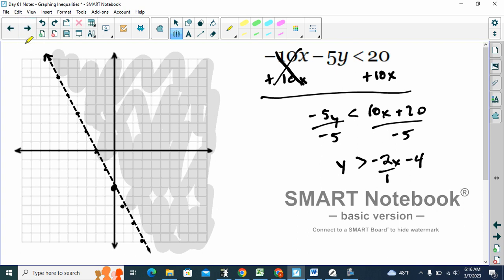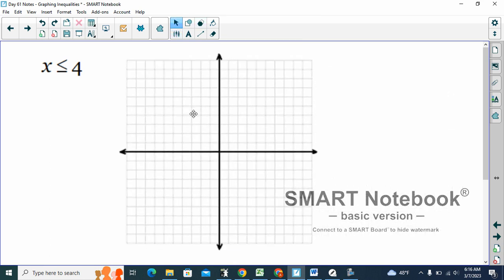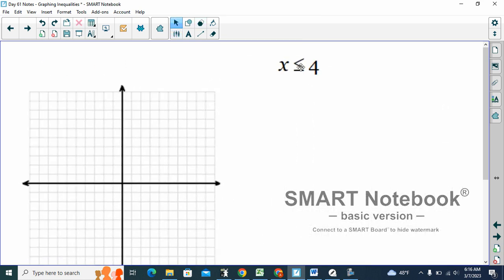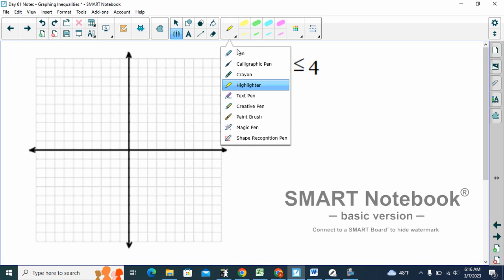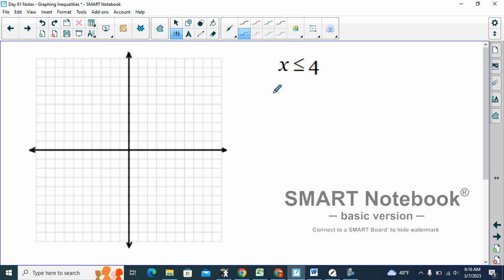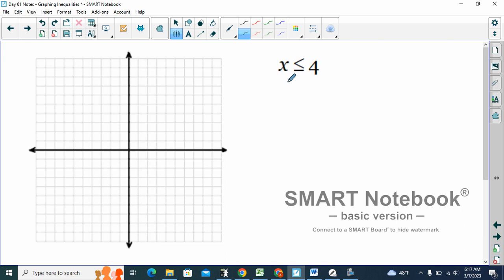A couple more quick ones that are just a little bit different. This one says x is less than or equal to 4. If I do not have y at all, or in the next example, we don't have x at all, that means it's either a vertical line or a horizontal line.